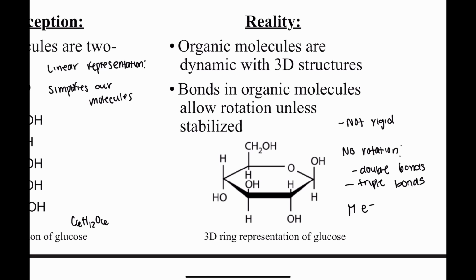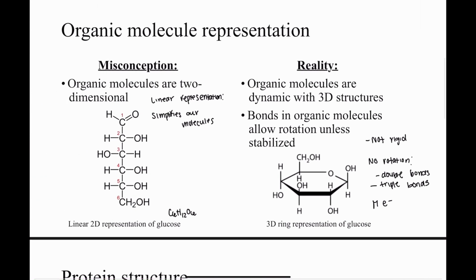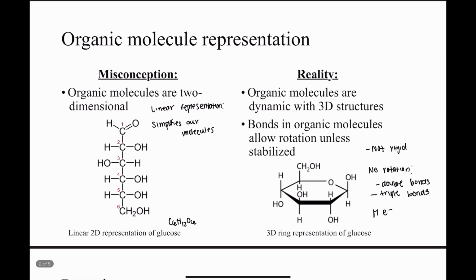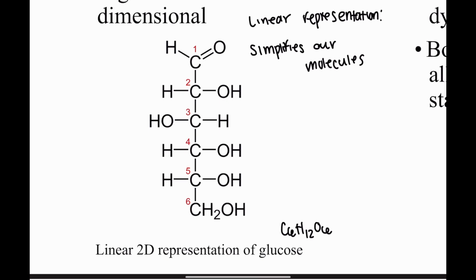And another important point to make is that even though we normally see molecules in a 3D ring form, they can be seen in a linear form, even though it is rare. In the linear form of glucose, we have single bonds between the carbon atoms that allow free rotation, which makes this molecule flexible.